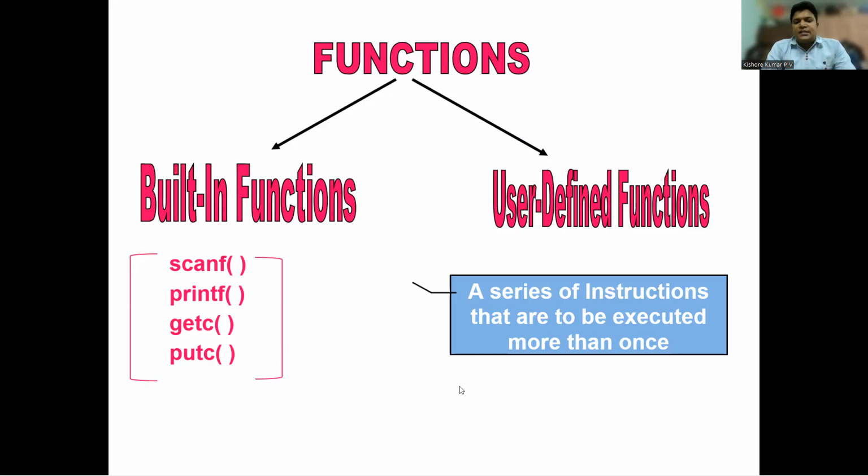In C programming, the idea of modular programming is implemented using functions. A C program is made of one or more functions, and one and only one of them must be named main.